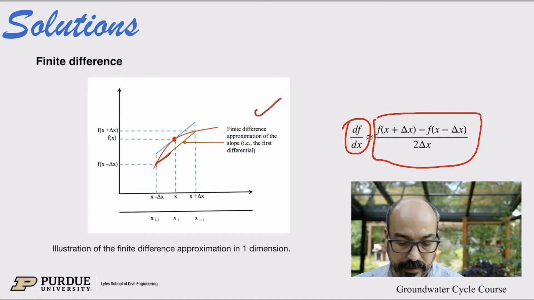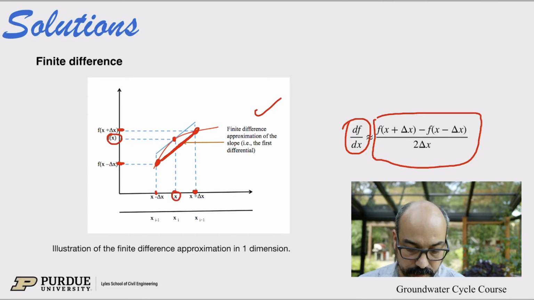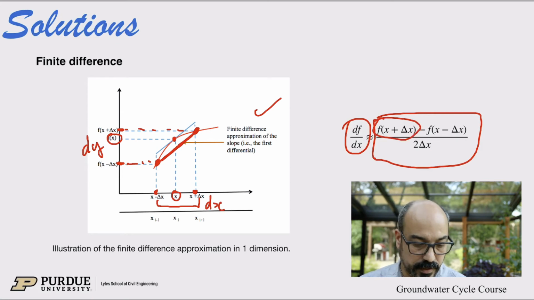You can see here, if I take a parallel to that slope, to that tangent, we can approximate that slope by dy dx, or df dx. If I go a little bit after x, this is x, this is f of x, if I go x plus dx and x minus dx, and I look at my function at those places, the slope dy dx is literally f of x plus delta x minus f of x minus delta x.